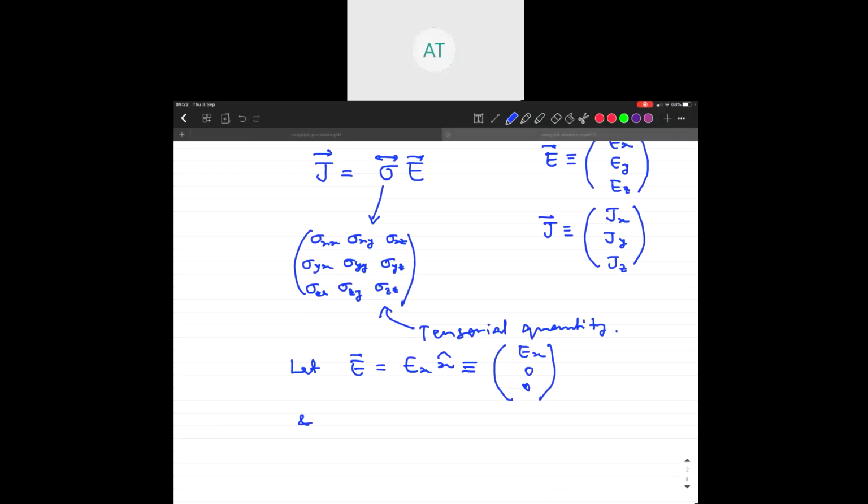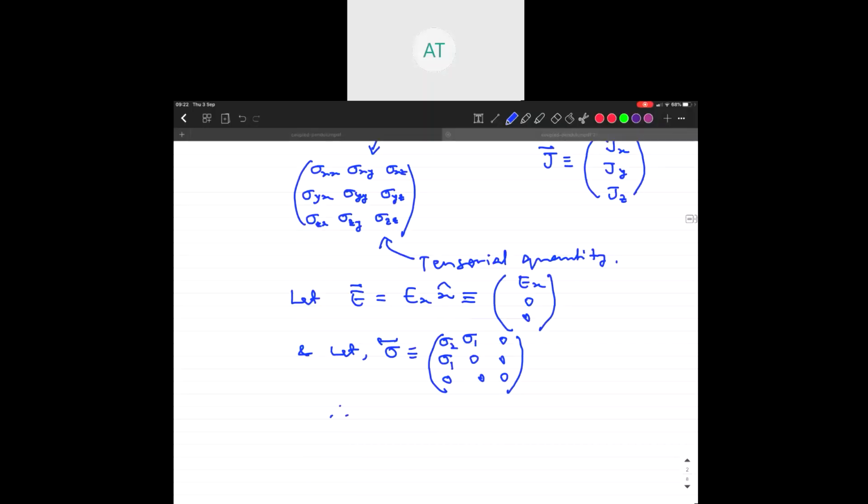right? And let sigma be a quantity which is like, say, some number sigma 1 and sigma 2, and 0 elsewhere.